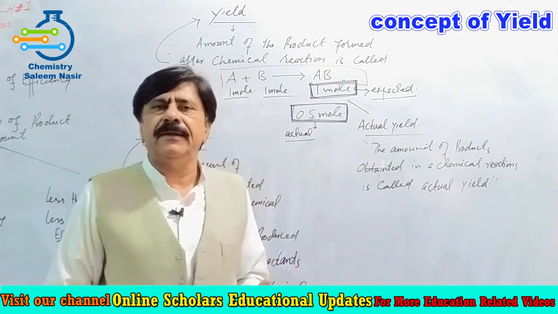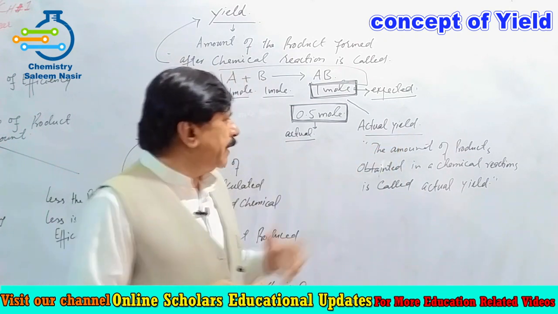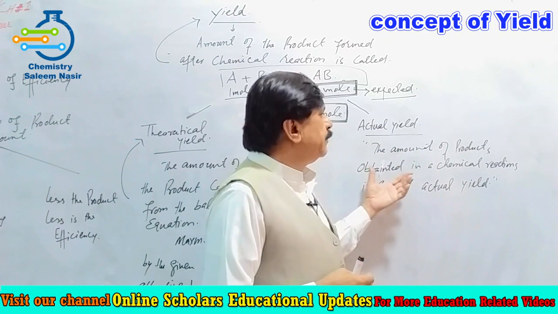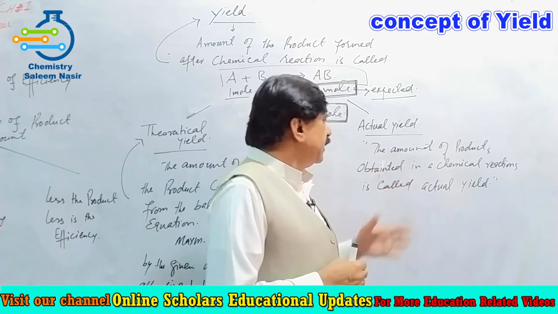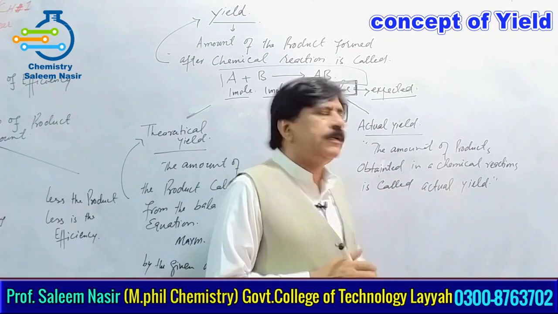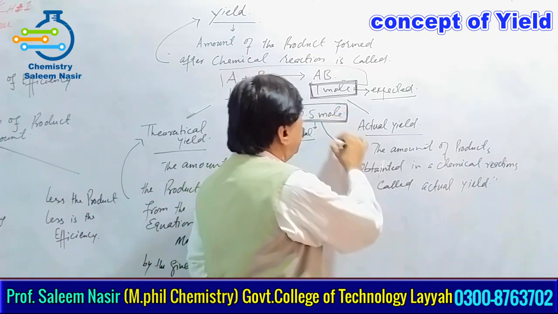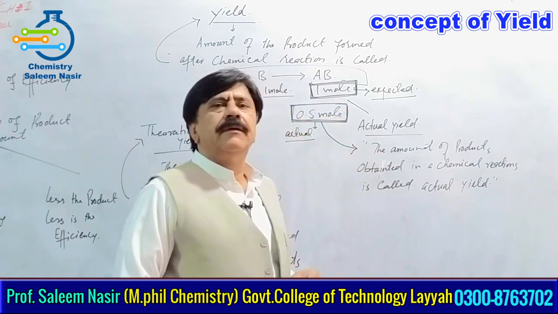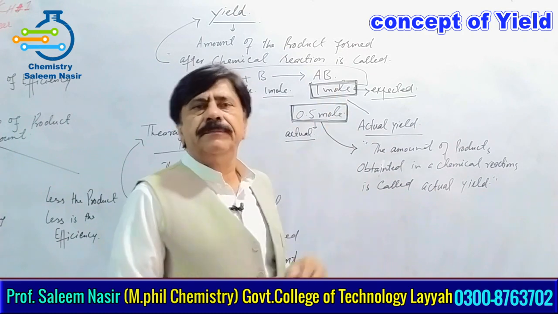So we can define the actual yield as the amount of the product obtained in a chemical reaction. So 0.5 mole is the actual yield in that reaction.